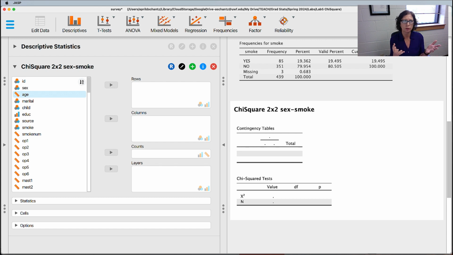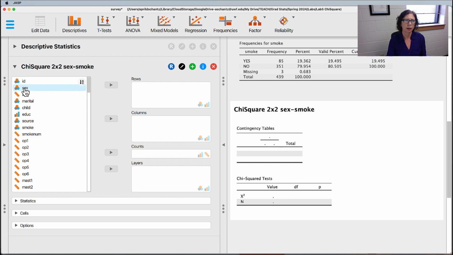Like if there was just a similar distribution as you would expect with however many males and females you have, then we would see a non-significant chi-square test that has no dependencies between smoking behavior and gender. Whereas if it was significant, it would indicate that someone's smoking behavior may be dependent on what gender they are. So let's take a look.